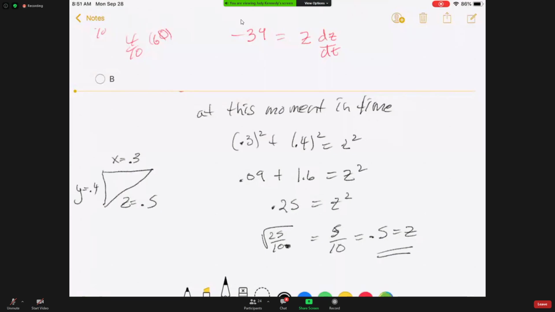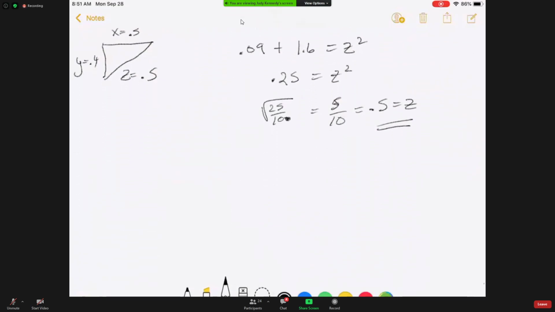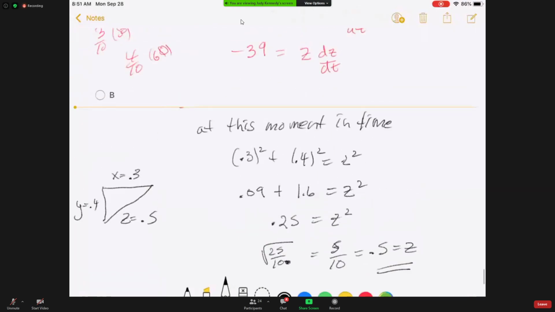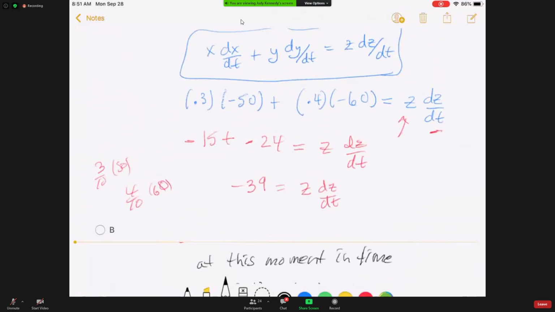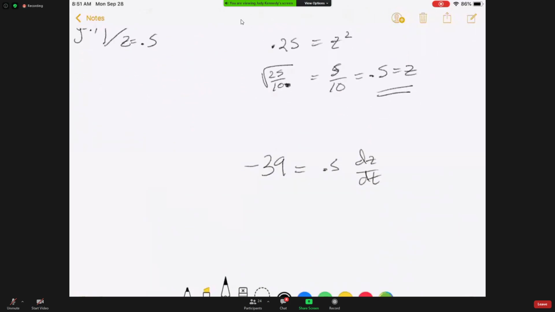Okay, so we have a value for z. So minus 39 is 0.5 dz/dt. I hope all my arithmetic was correct up there. We will see. 0.5 is 1/2, so 2 times minus 39 is equal to dz/dt, which is minus 78.